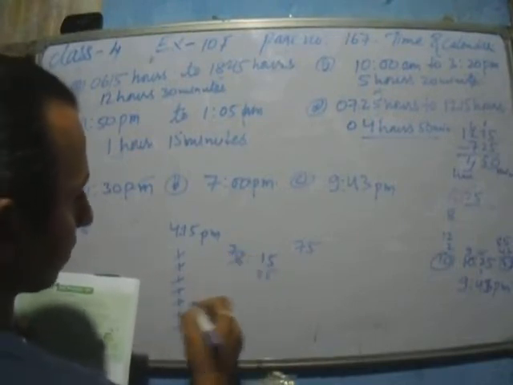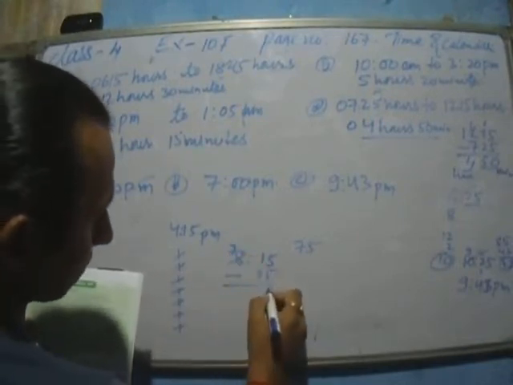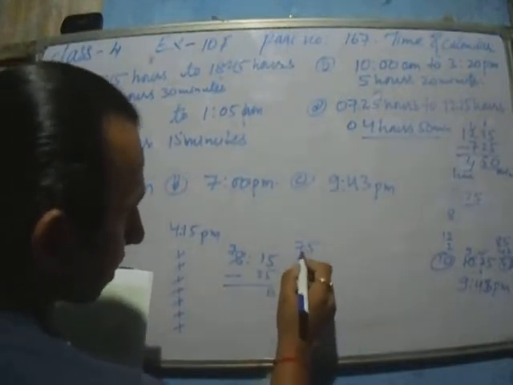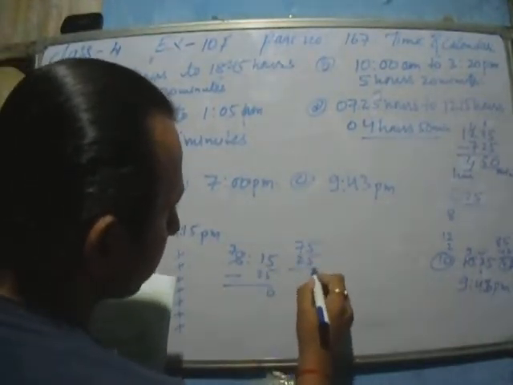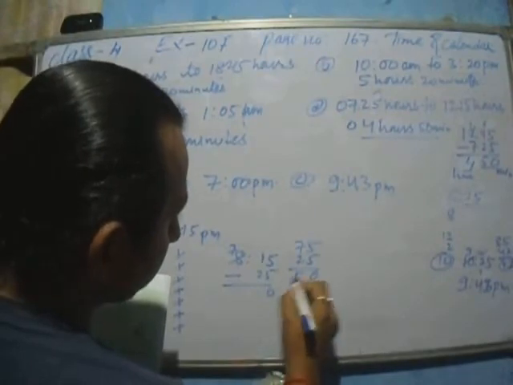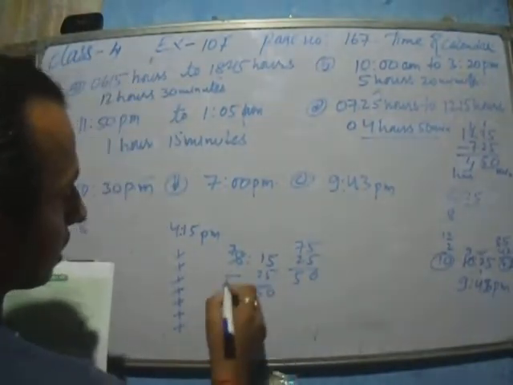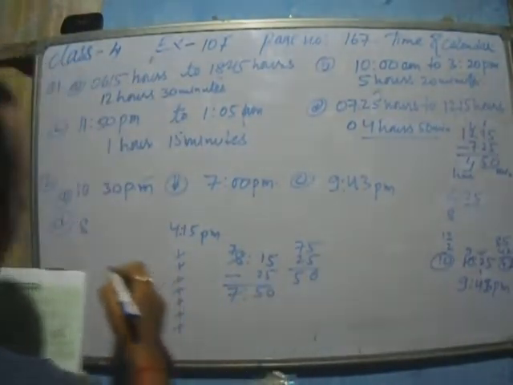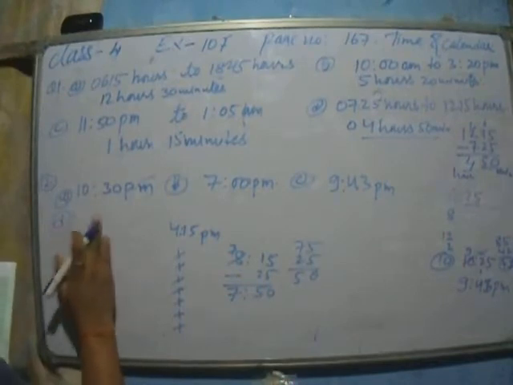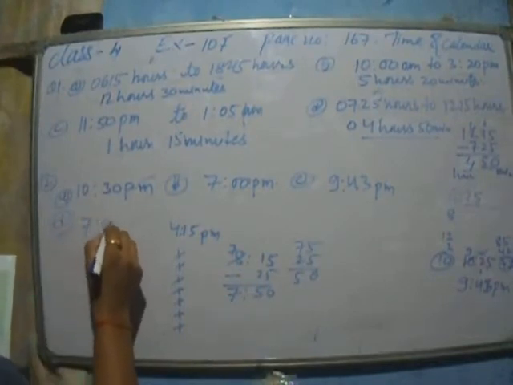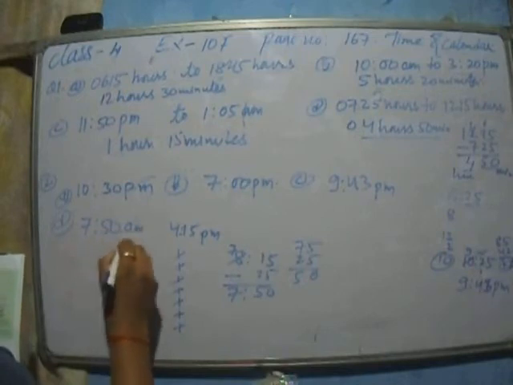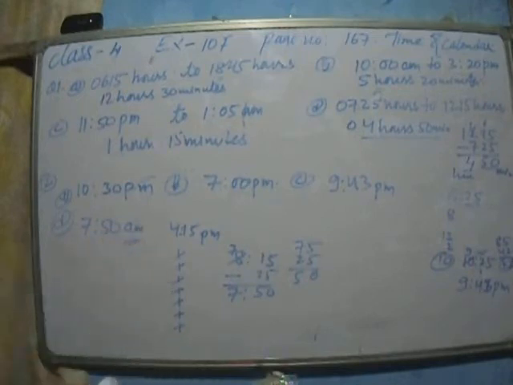So we'll get here 7. Then here 75 minus 25 we do, 0. Then we will be left with 5. So here 50. It is 7:50 a.m. morning. So this is question number 2D answer.